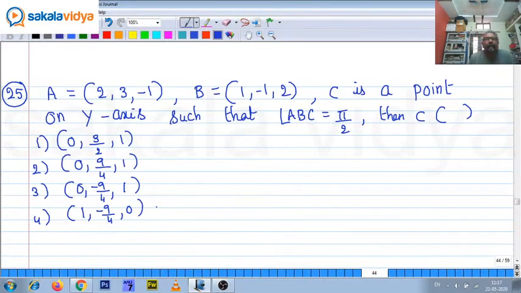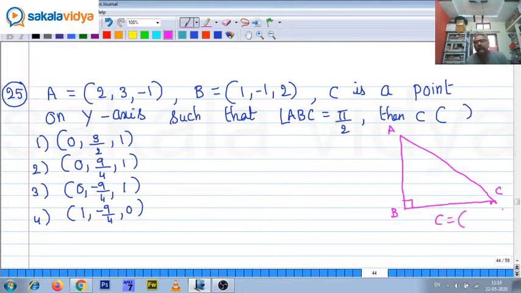See, if you construct the triangle, then you will get it. A, B, C. You join this one, no problem. This is 90 degrees. This is C. The C coordinates are on y-axis 0, b, 0.